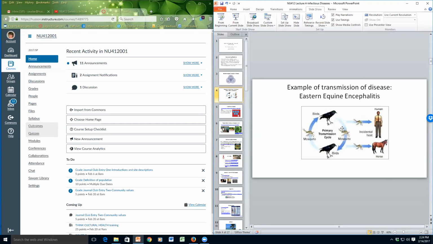The mosquito itself can come out of this cycle and go right to humans, and that is what can cause illness, and then mosquitoes biting or infecting horses. So you have this disease that has these cycles. And again, the vector, insect-borne vector is a mosquito, and you have birds as primary, and also humans and horses.